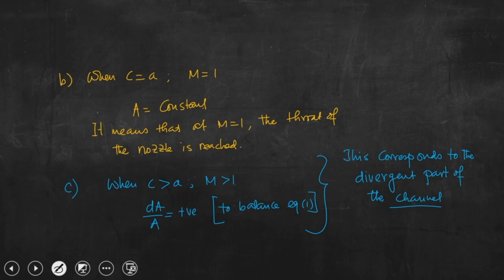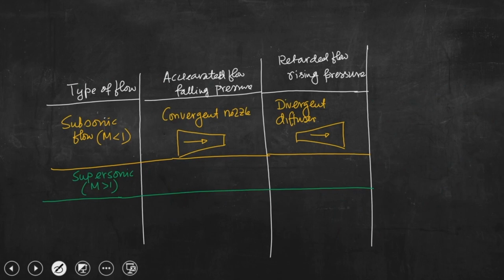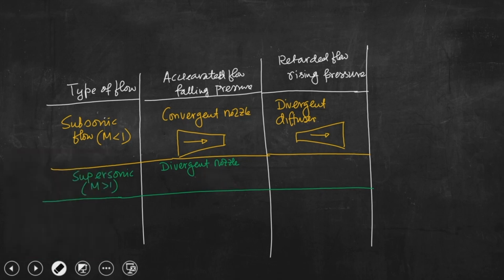So, basically we can say that is divergent nozzle. So, this is the flow direction.